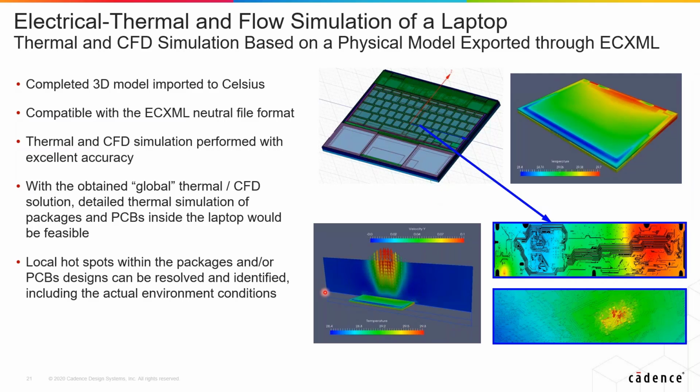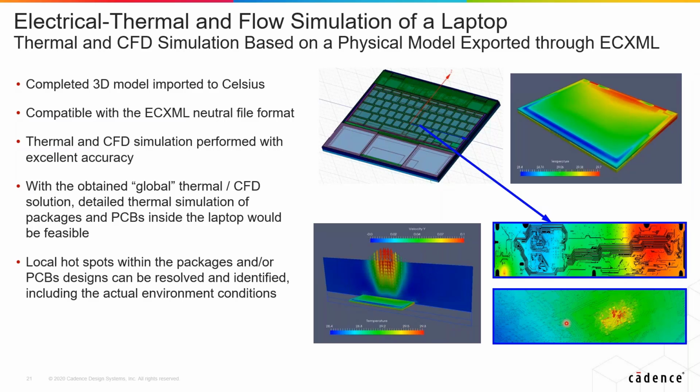In previous thermal CFD simulation, this board will be simplified as a simple plate with maybe average material properties. But because Cadence owns this package and board design, after we get these global solutions, we can dive into details using the global solution as boundary conditions.